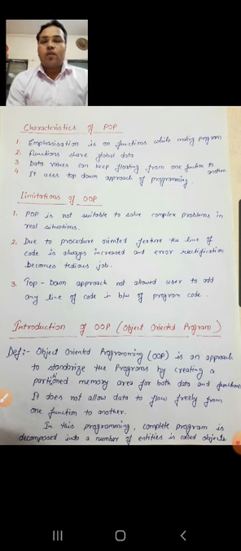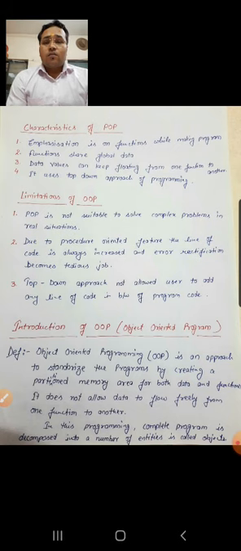OOP is an object-oriented programming language, which basically depends upon the features of object. Object is a real world entity which has some characteristics as well as behavior.